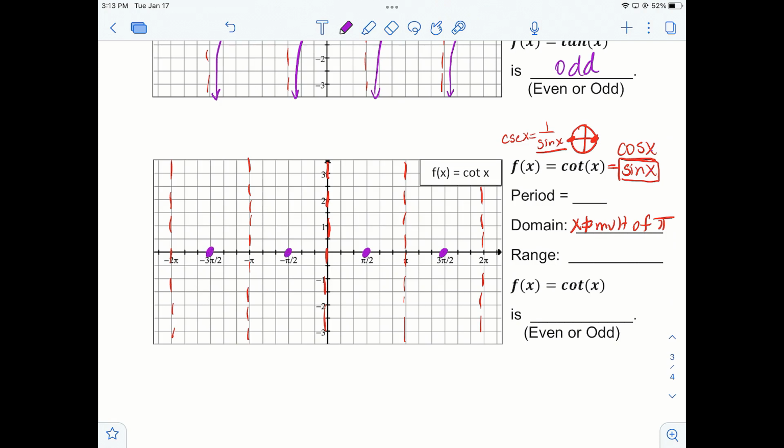And then you think of one or two other points. At pi over 4, the cotangent is 1. At 3 pi over 4, which is right there, it's -1. So the cotangent is a decreasing function and just repeated over and over again. And you have this lovely graph.